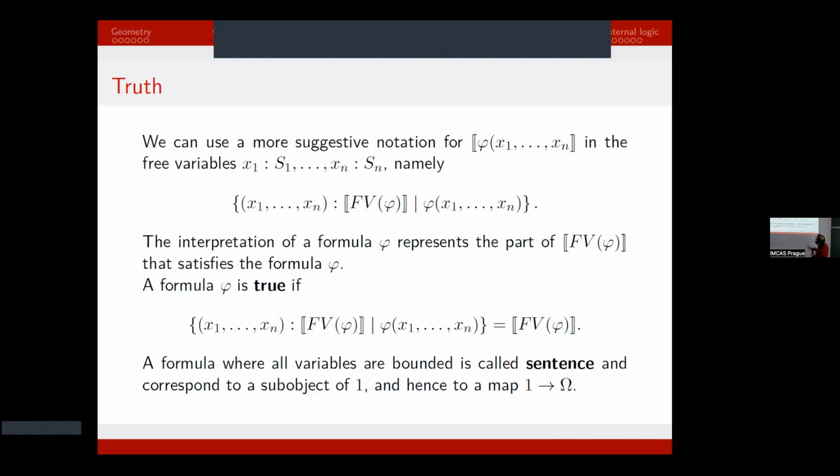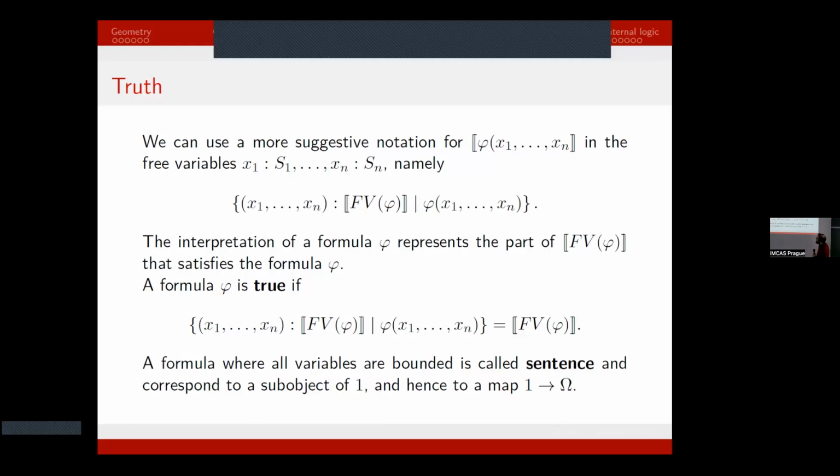Yeah, exactly. So as I was saying before, the interpretation of formula phi represents the part, the sub-object of the free variables, that satisfies the formula phi. In particular, a generic formula is true if this subset corresponding to phi coincides with the total space, which means everything satisfies the formula phi within the free variables.